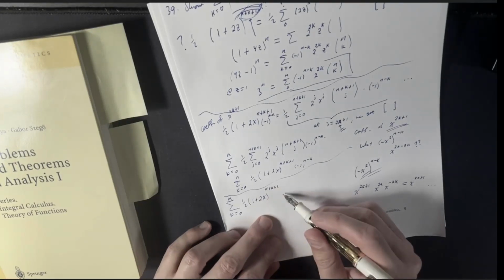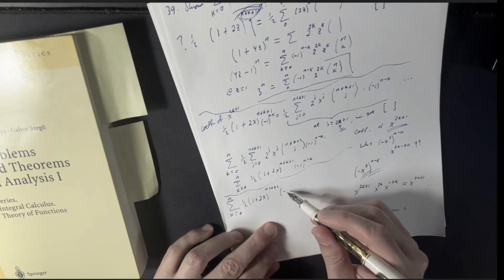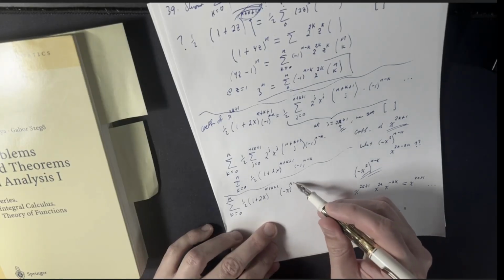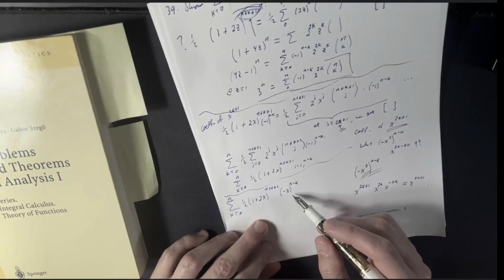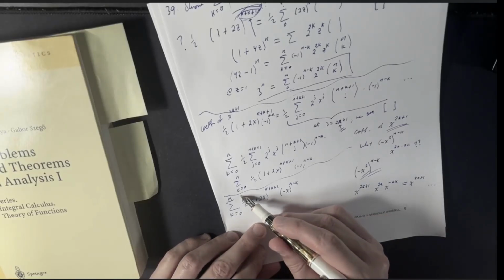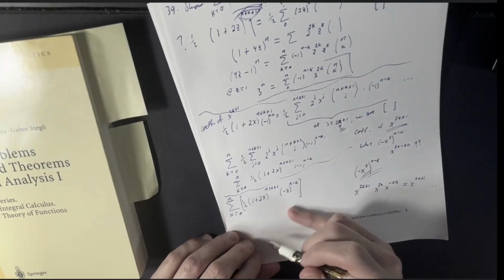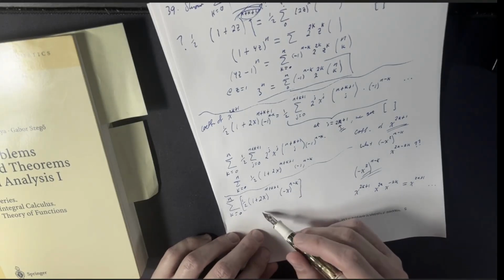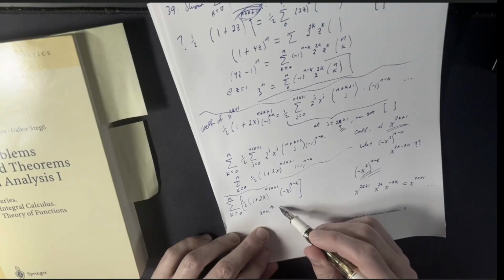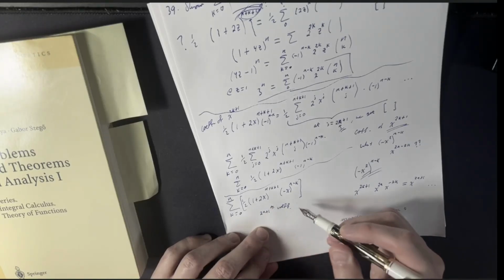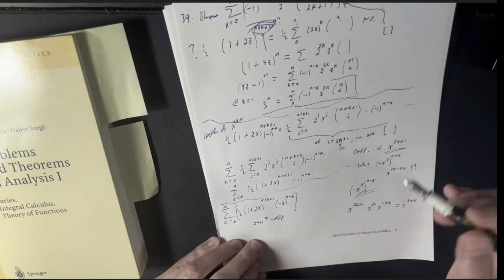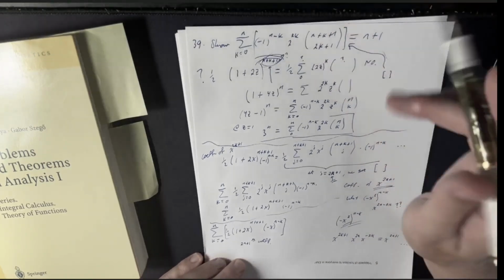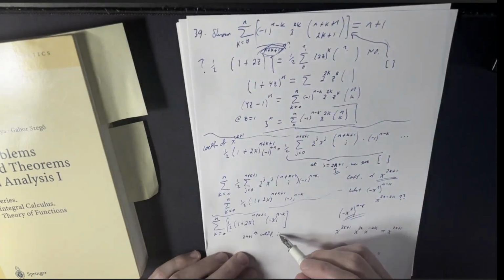We get here, and then if we put -x to the n minus k here, now what's true is that this chunk matches, well, I should say the 2n plus first coefficient is the original question, the stuff in brackets.